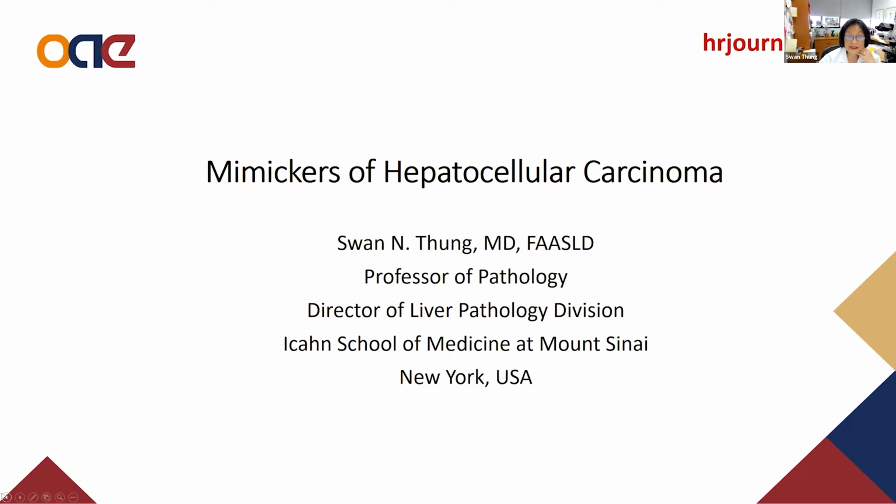So in this talk, I would like to summarize the most common mimickers of hepatocellular carcinoma that regular pathologists, as Tanya mentioned, outside the academic pathology departments have problems diagnosing.